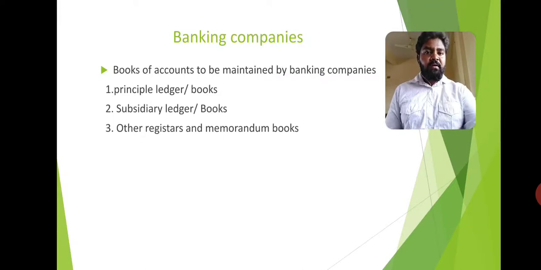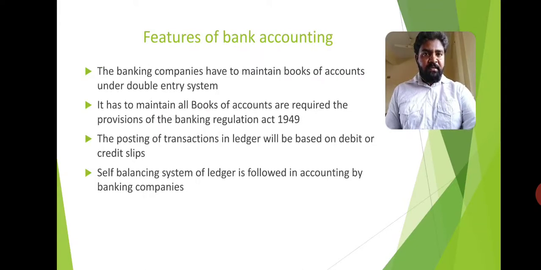Okay, now come to the next concept, that is features of bank accounting. The banking companies have to maintain books of accounts under the double entry system. Banks compulsorily should maintain a double entry system of bookkeeping while maintaining books of accounts.